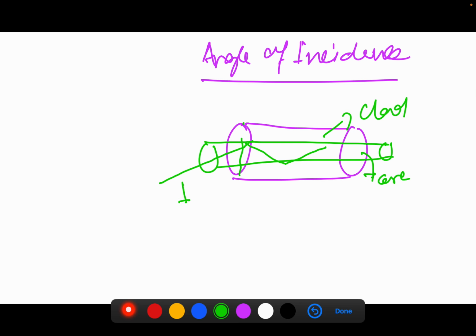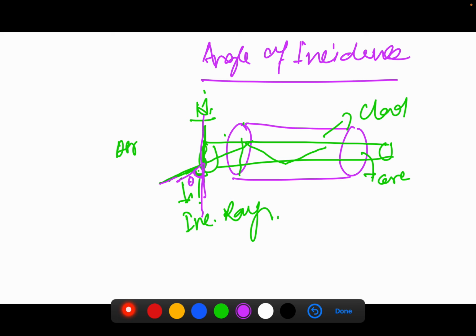This is the incident ray of light, and to this incident ray, this is my normal. This is my air medium, obviously, and this is my glass, or that particular fiber medium. The angle that is created along with this normal to this core, this angle is your theta. This is known as the angle of incidence.